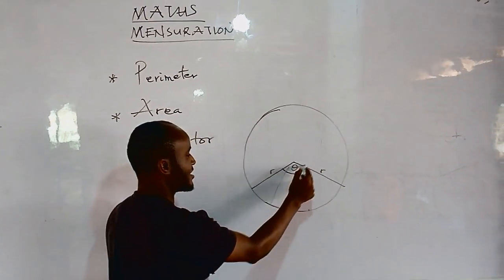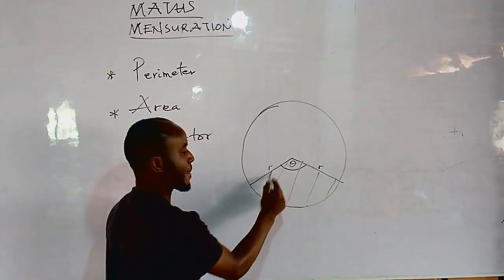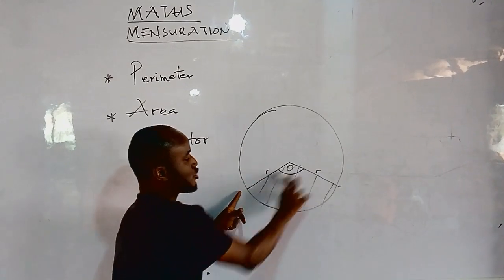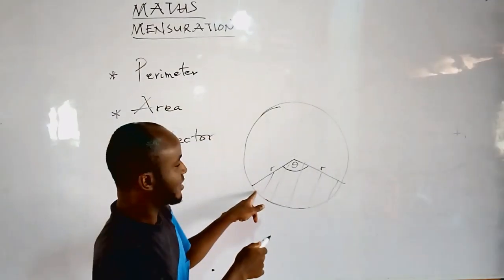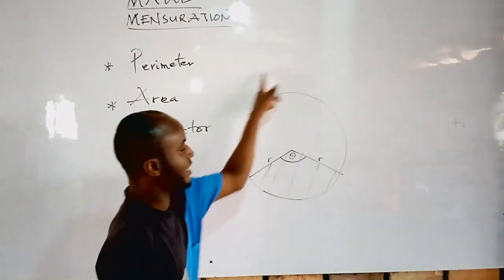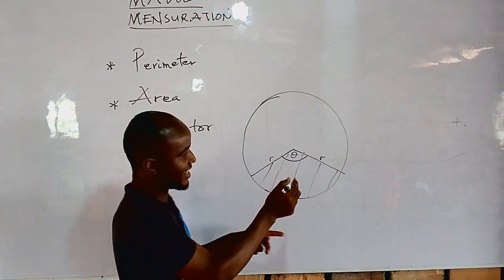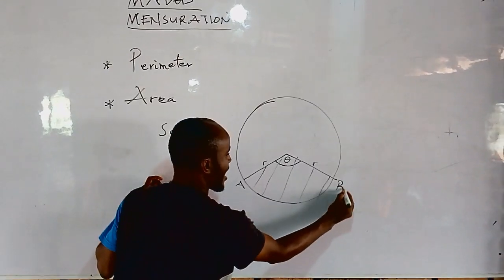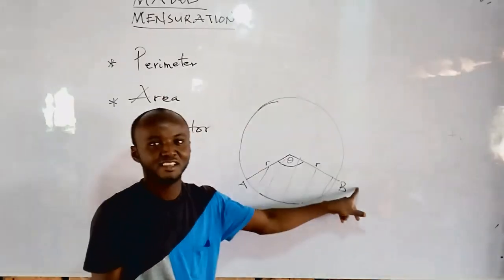Now you should note that this shaded portion here is a sector. So a sector is a part of a circle bounded by two radii and an arc. An arc is any part of the circumference. If you look at the circumference, any part of it is called an arc. So if I label here AB, I can call this one arc AB.